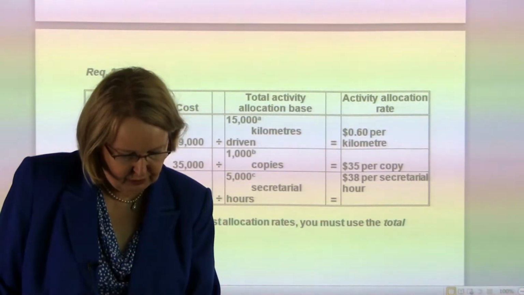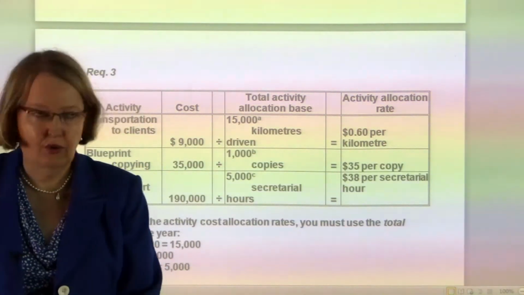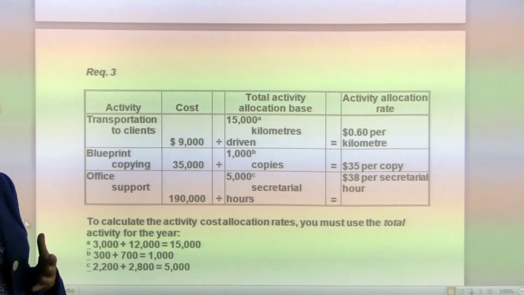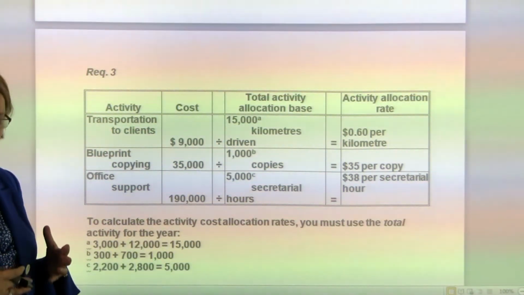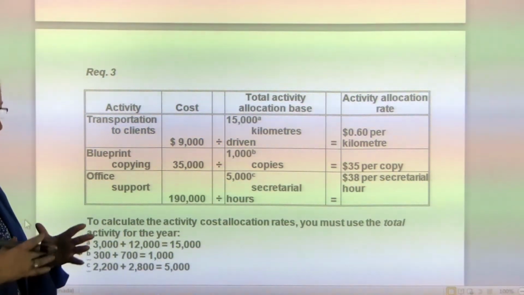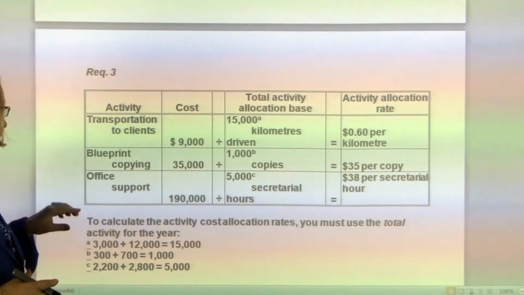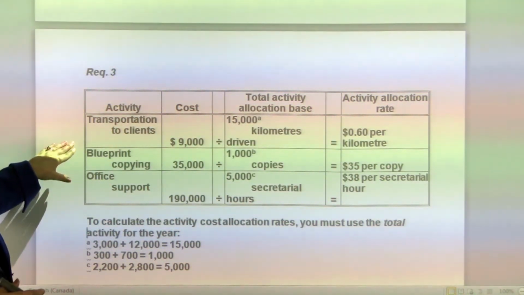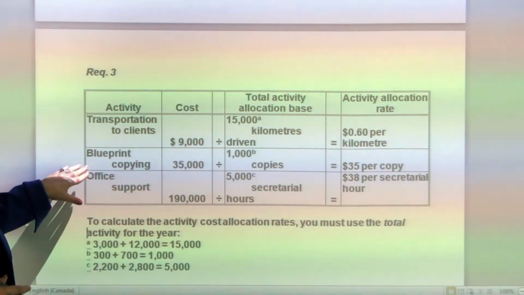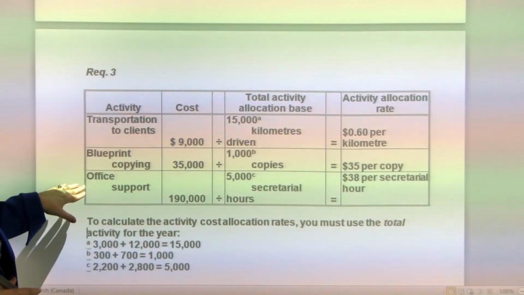So requirement 3, now we're moving to calculating what the overhead will be when you break it down by activity. In this particular problem, we're told that overhead is really comprised of 3 main activities: transportation to the clients, your travel cost, the blueprint copying, and office support.